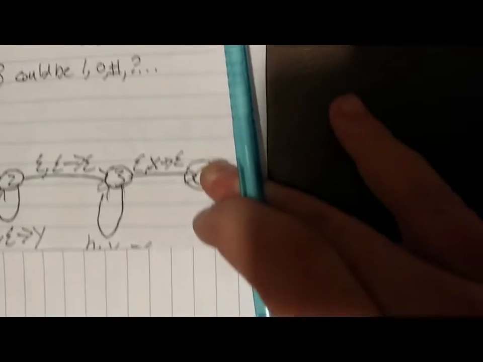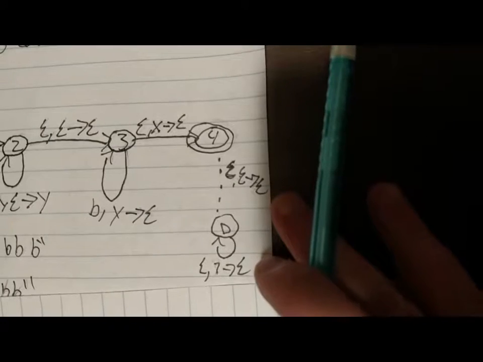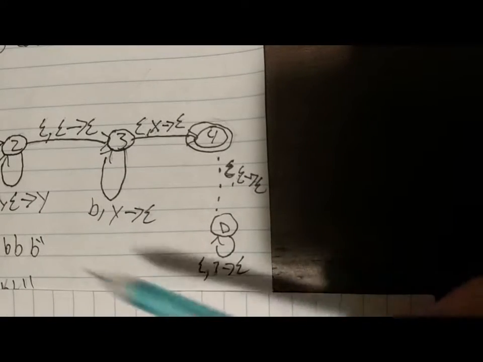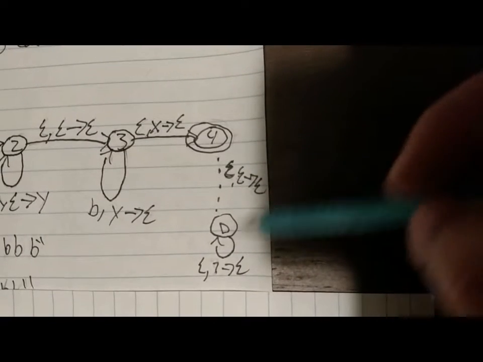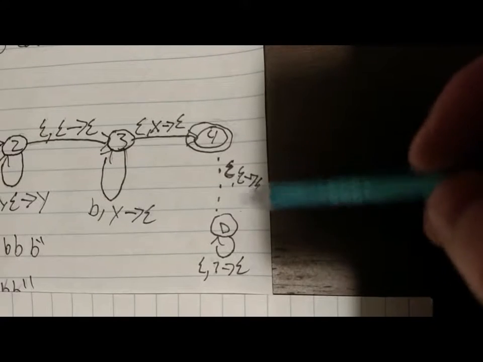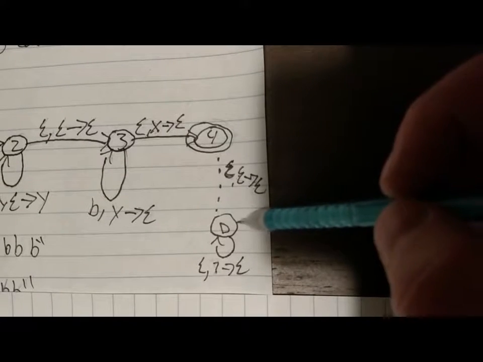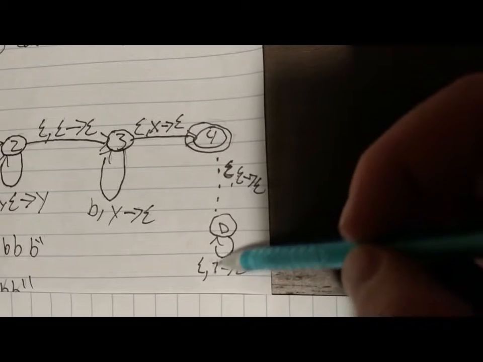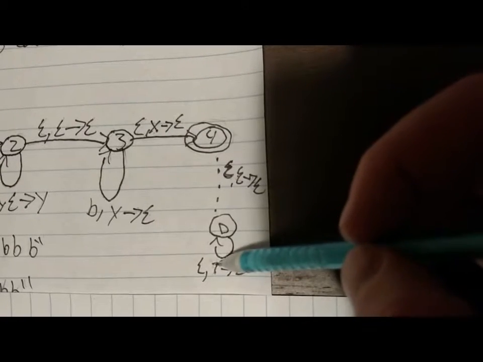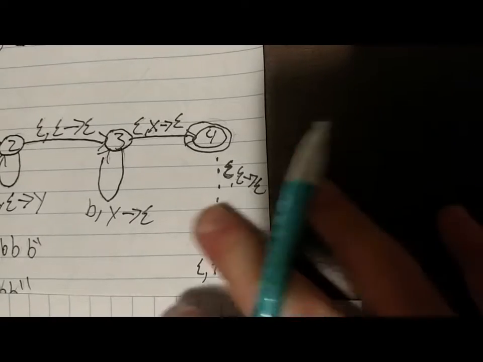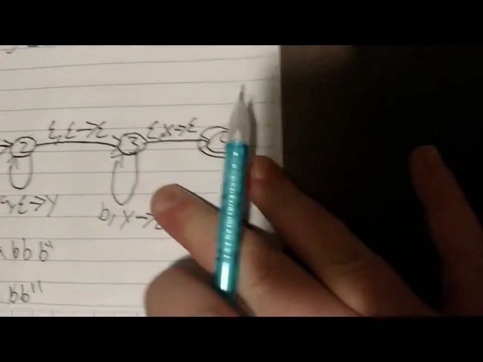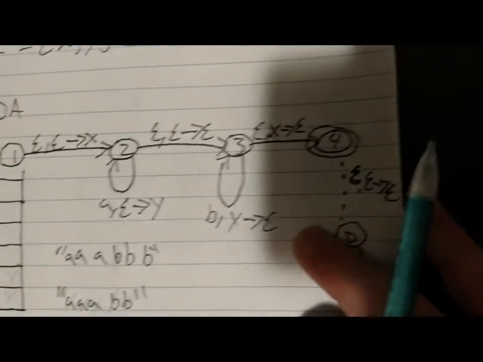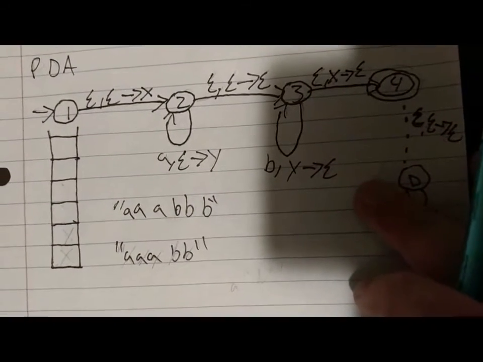And even if you have some data left in your stack, I drew up this little mini death state here where you can just epsilon to another state and then loop back on yourself and recursively kill all of the little symbols that are in your stack. So now we've covered that, let's go through these strings really quick.